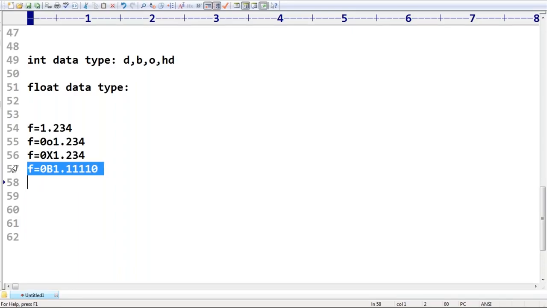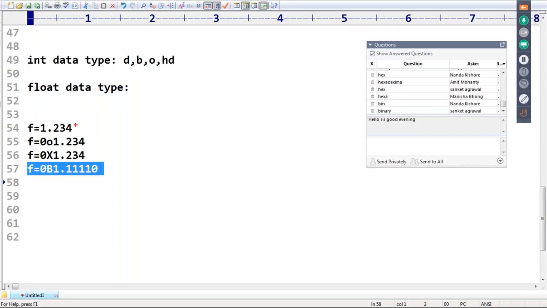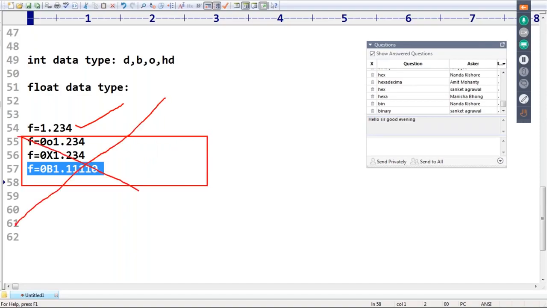But here, a very important point you people should be aware of. Only the first one is valid. The remaining 3 things, sir, Python is going to give left and right.